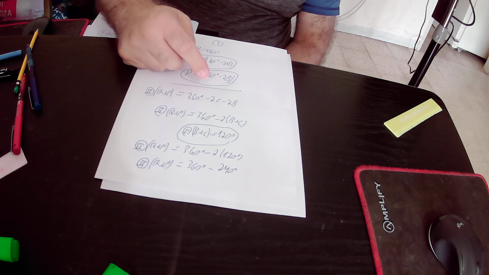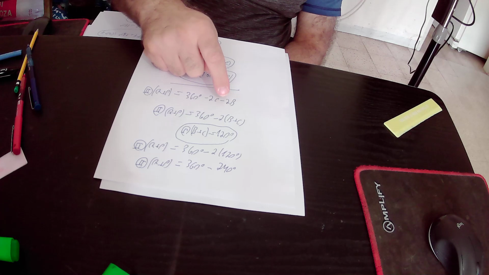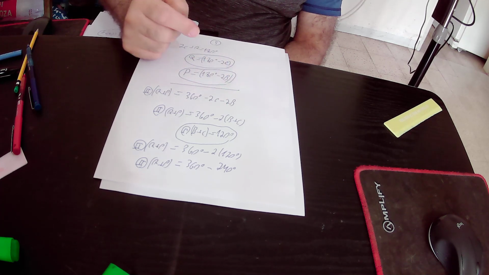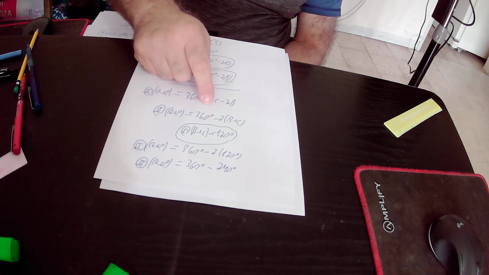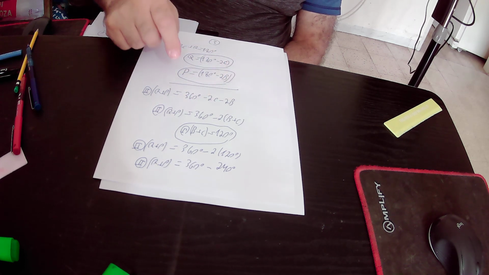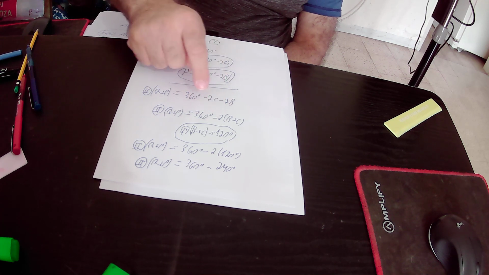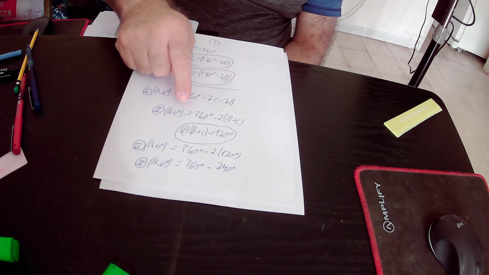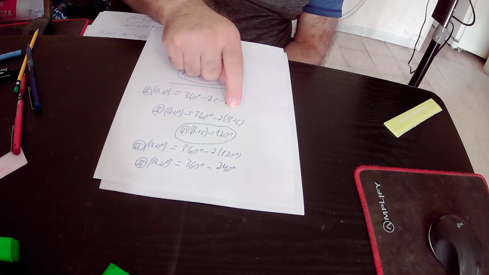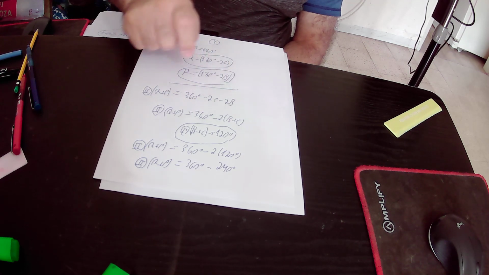Here we took a common factor of minus 2 out of this expression, and we got that Q plus P equals 360 degrees minus 2 times (B plus C). But we know that B plus C equals 120 degrees according to equation number 1, so we can substitute B plus C in equation number 2 by 120 degrees.